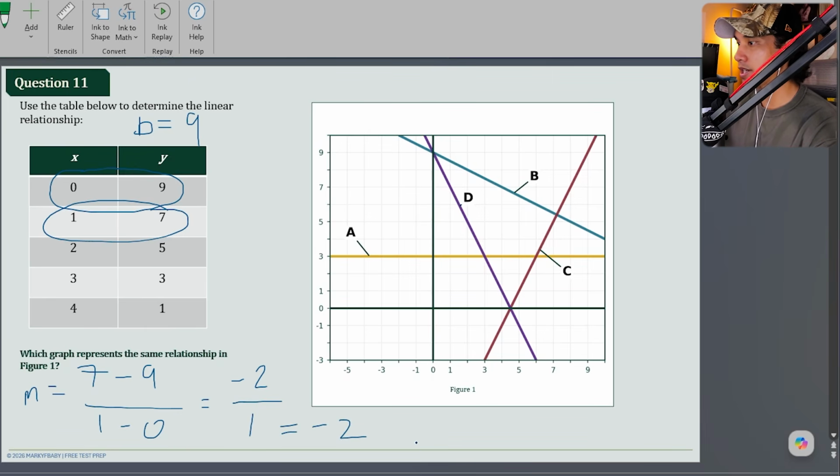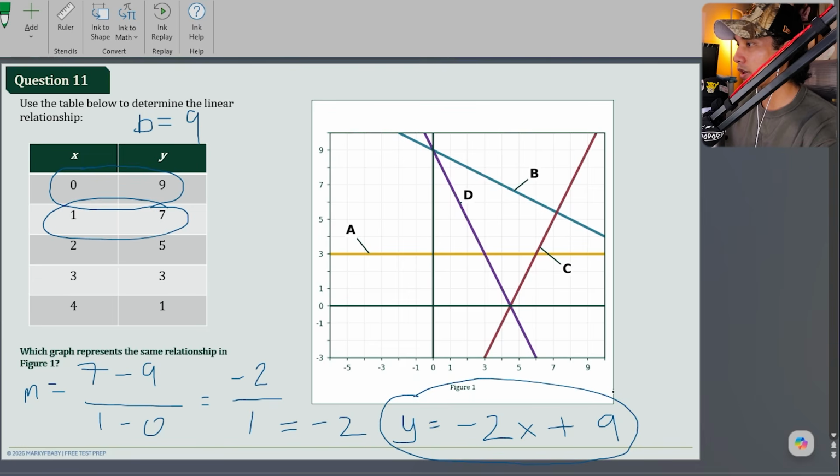Okay, our equation is y equals negative 2x plus 9. That's our equation that we are working with.